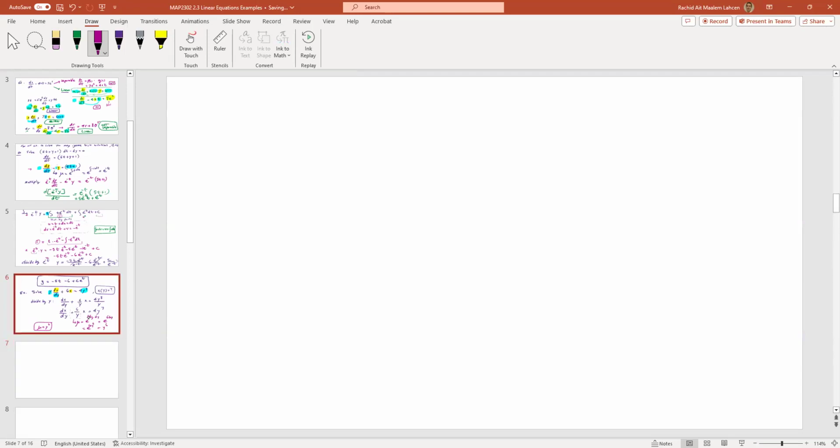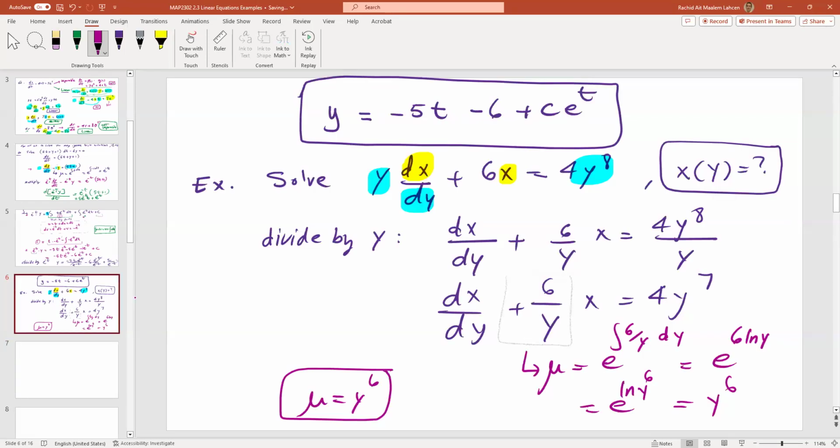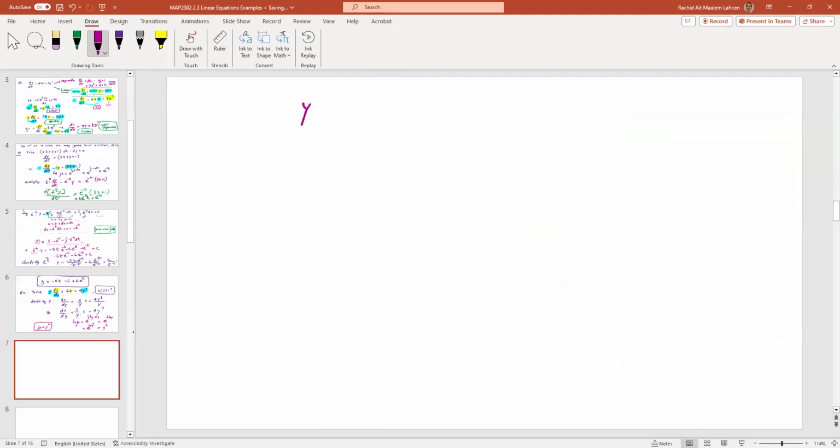Now we're going to multiply the equation by that. So y to the 6th times y plus 6 over y times y to the 6 times x equals y to the 7 times y to the 6.